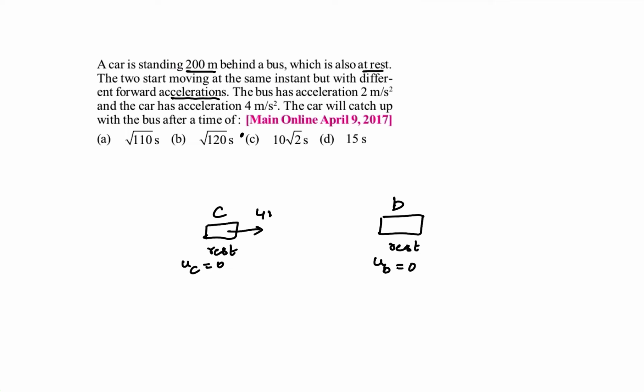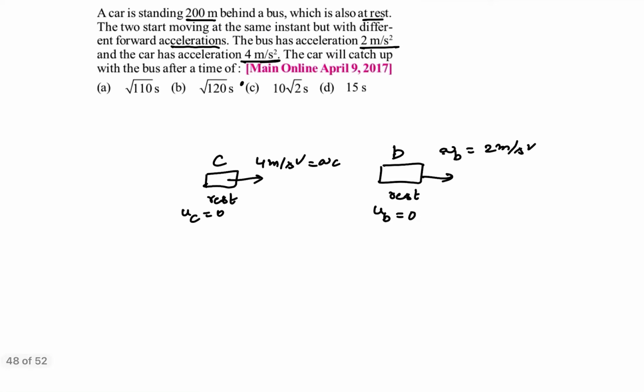Now the car is moving with an acceleration of 4 meter per second square as per the question, and the acceleration of the bus is 2 meter per second square. The car will catch up with what? So the separation is how much here? x relative is equal to 200 meters, they have given.